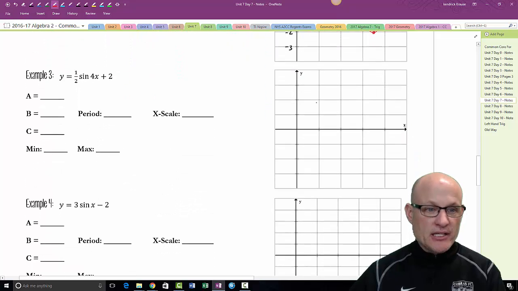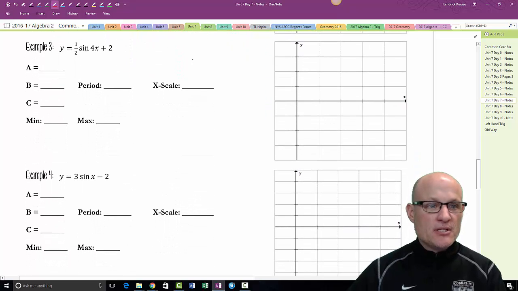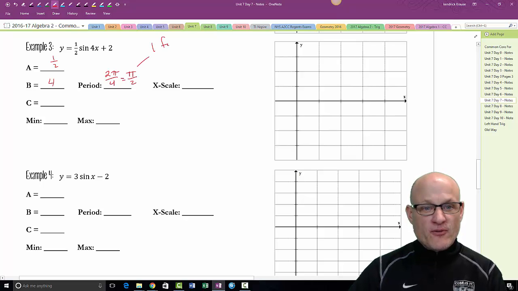All right, this one's going to get even freakier. My A is 1/2. My B is 4. So that means my period is 2 pi over 4, which means I'm going to finish one full sine curve in half a pi.